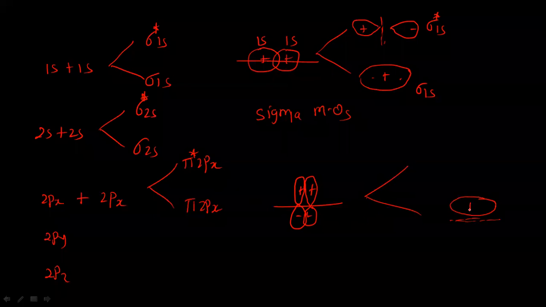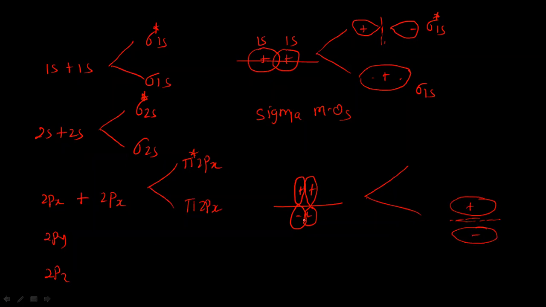Combination of the atomic orbitals here, similarly here. Positive with positive overlap, negative with negative overlap. So this is pi 2px. And pi star 2px can be represented in this way. In pi star 2px, the lobes of the atomic orbitals do not overlap with each other.